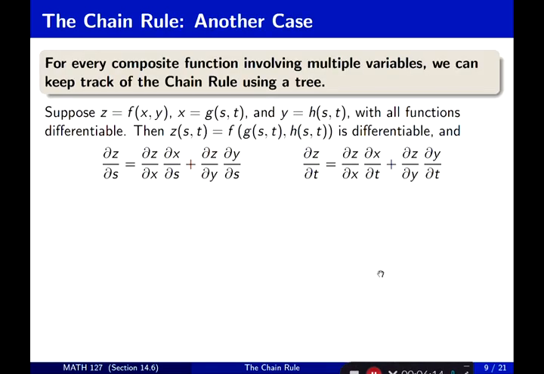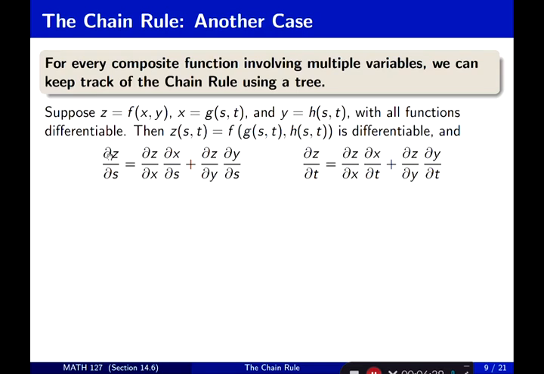So that's another case of the chain rule. For any composite function involving multiple variables, we can keep track of the chain rule using the tree. Now, let's say z is a function of x and y, x is a function of s and t, and y is a function of s and t. What is going to happen?